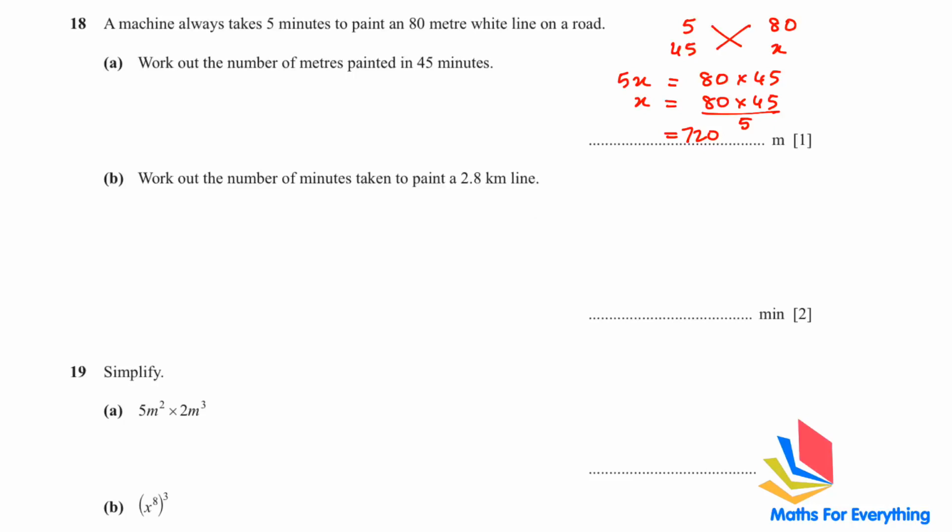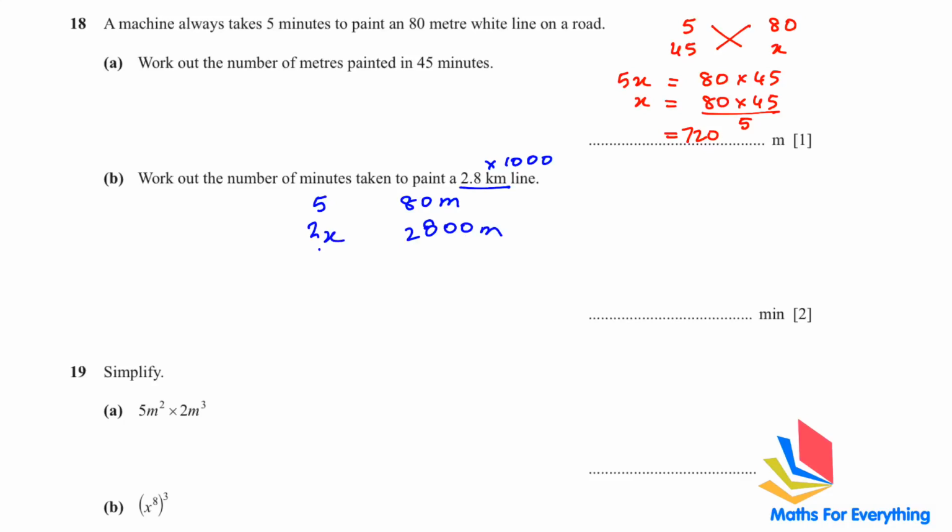Next, work out the number of minutes taken to paint a 2.8 kilometer line. We know that in 5 minutes we can paint 80 meters. So how much time are we going to take to paint a 2.8 kilometer line? We are going to change the kilometers into meters. For that, we have to multiply by 1000. 2800 meters.